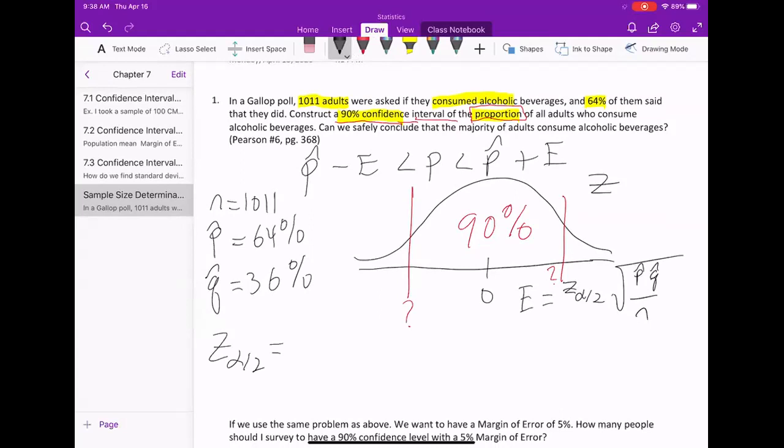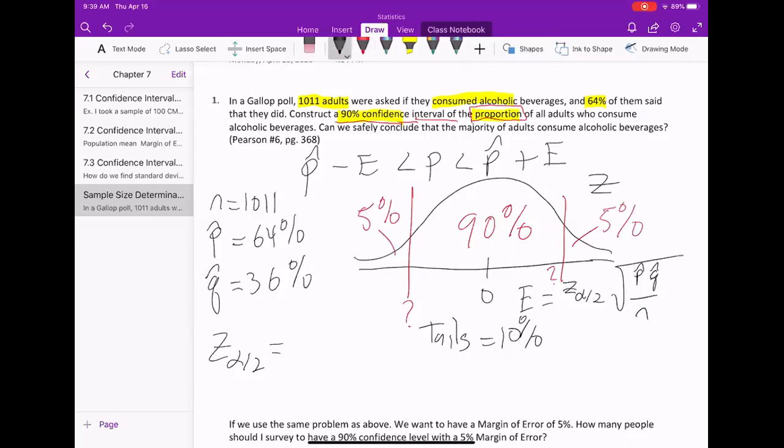So remember, to find that, if 90% is inside, that means my tails are 10%, which means each tail has 5%.